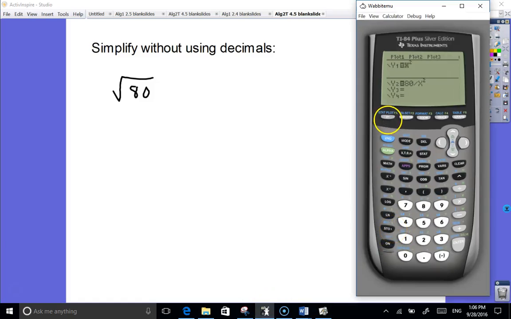Okay, but if you've heard those before, then you know what I'm talking about. So let's say I wanted to find how can I simplify the square root of 80? In your calculator, go to y equals, and on line 1, put x squared. And on line 2, put 80 divided by x squared.